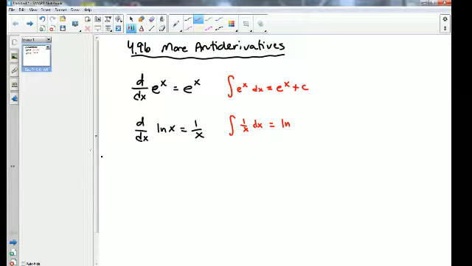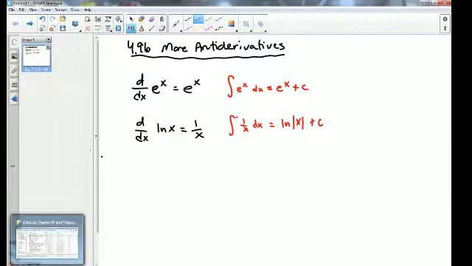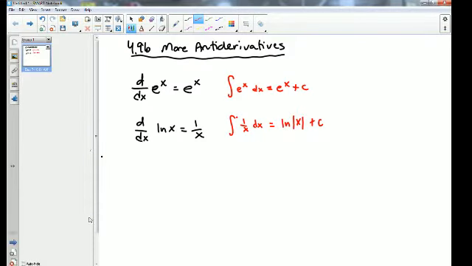Does natural log allow for negatives? No. So we have to make sure that's not negative, because x can be negative here, so we have to do absolute value. We'll get to the point where we start putting numbers here, and it gives us some really neat stuff to calculate.